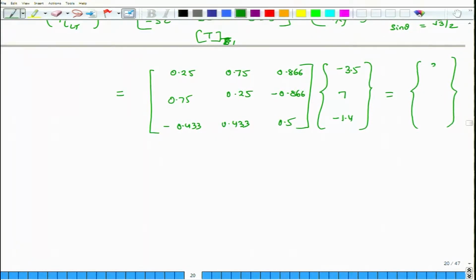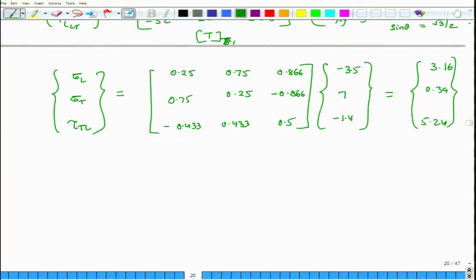So, this is 3.16, this is 0.39, and this is 5.24. Now that we have these, what are they? These are sigma L, sigma T, and tau LT or tau TL.